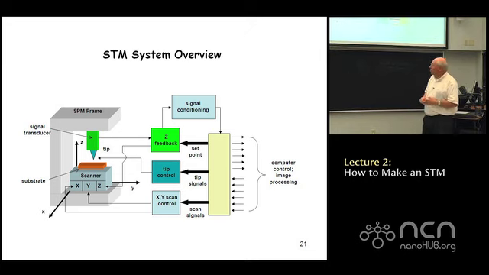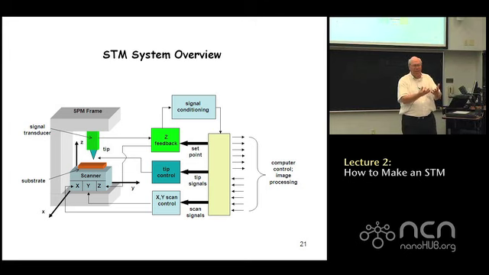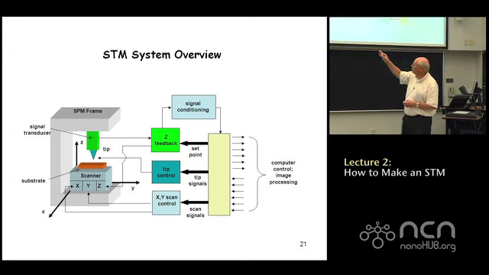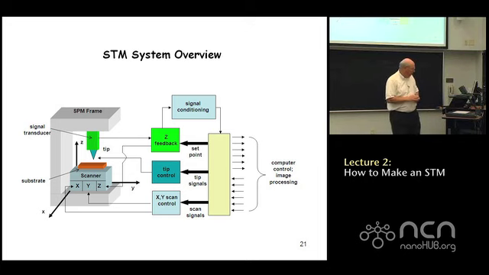And then there has to be some sort of a feedback circuit which allows you to measure the tunnel current, which is recorded in volts by this current to voltage converter, takes that voltage and compares it to a set voltage and allows your feedback circuit to maintain this constant tunnel current. So that's called the Z feedback. So these are like the three essential electronic controls that you need to build if you want to make a scanning tunneling microscope.